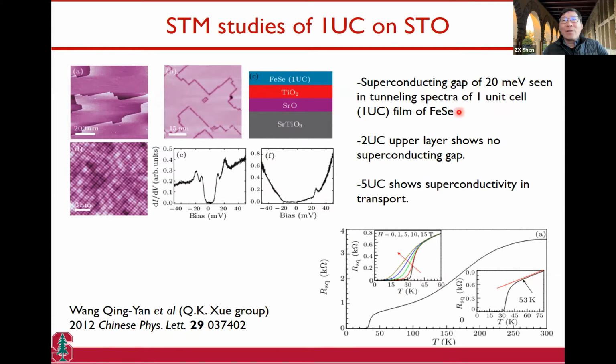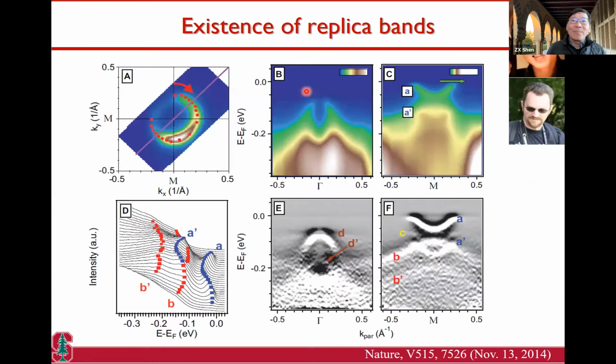So it's a much higher superconducting gap than one would have expected from the Tc of this system. As I said earlier, the bulk form is only about 8 Kelvin. So that generated a lot of excitement, and we also looked into that.